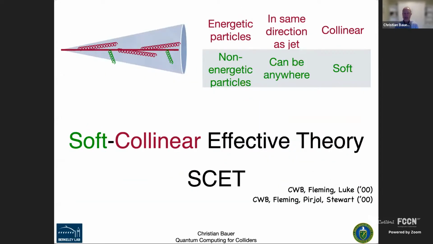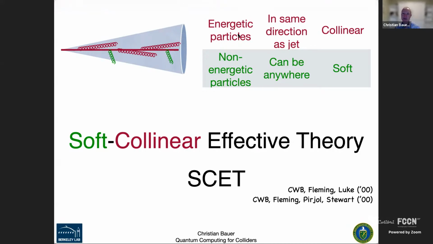Now, soft-collinear effective theory is a theory that we designed more than 20 years ago to essentially separate the scales that we see at the Large Hadron Collider. I already told you that there are two types of particles. There are collinear particles that have large energies but are at small angles relative to one another.